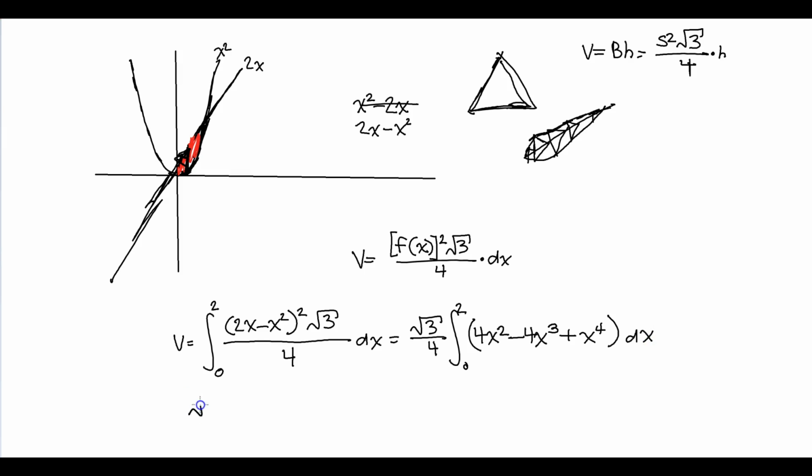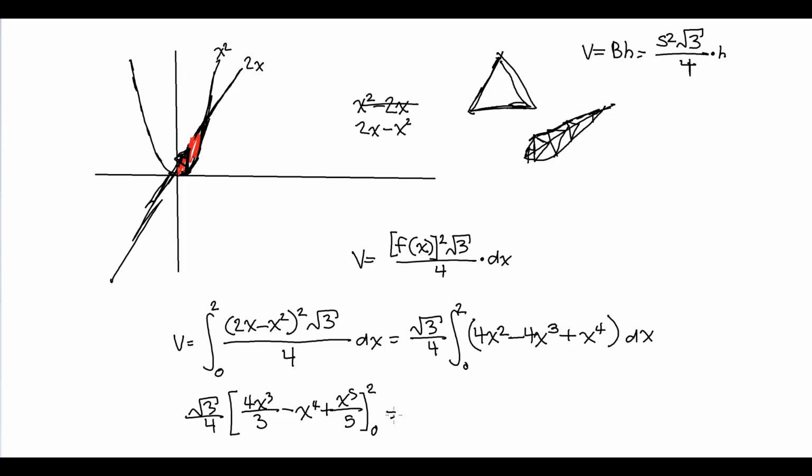So you have root 3 over 4 times 4x cubed over 3 minus x to the 4th plus x to the 5th over 5. Now we just have to evaluate this.